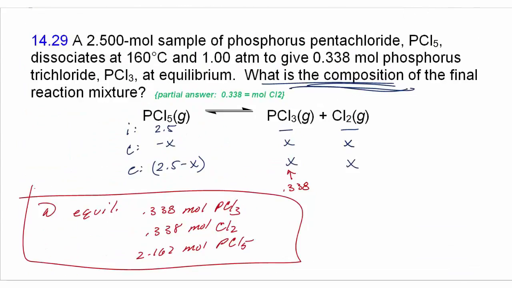Okay, so these problems really aren't so bad. Just realize when they're asking for the composition, when they're asking for the amounts at equilibrium, that means do ICE. If they're asking for a Kc, an equilibrium constant expression, that means write products over reactants, those brackets, raised to their stoichiometric powers. Okay, good luck.